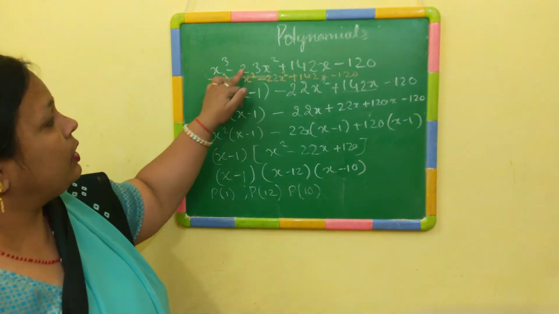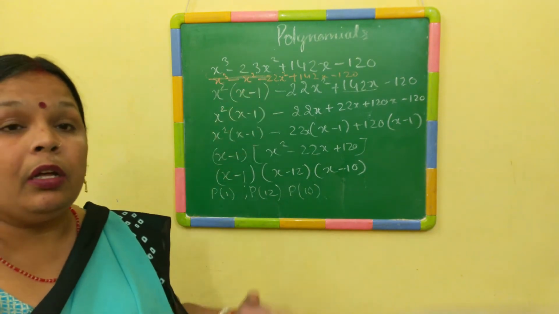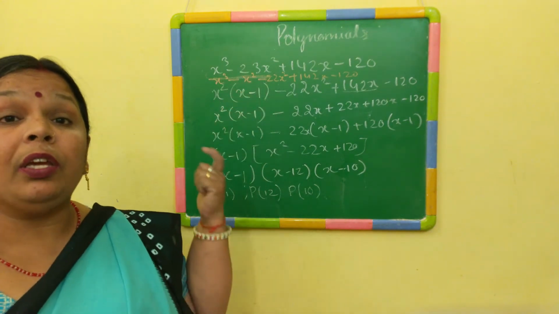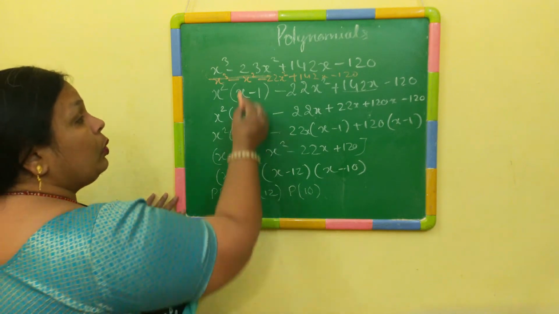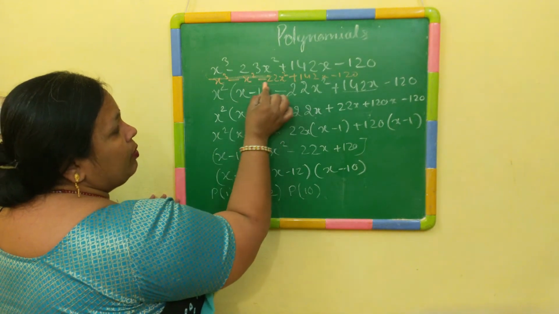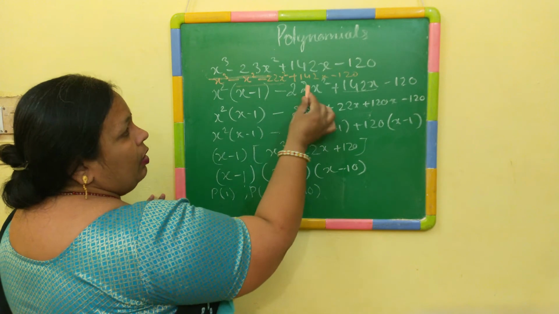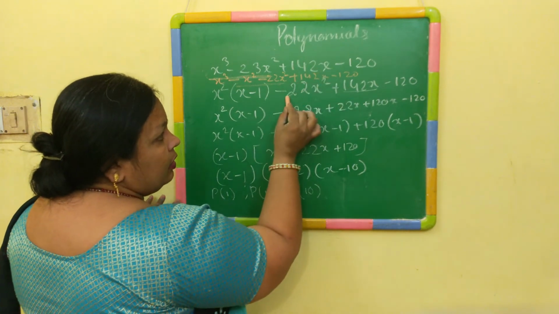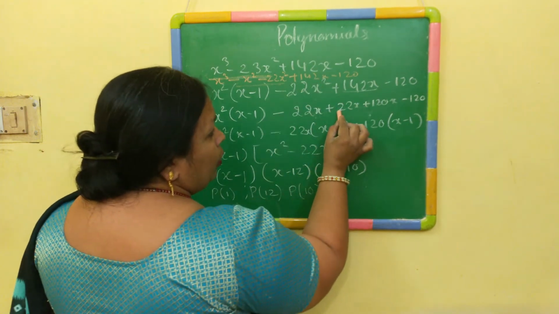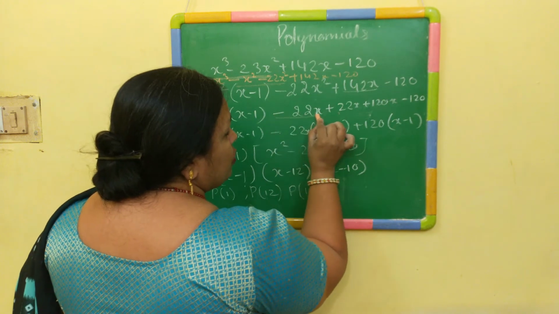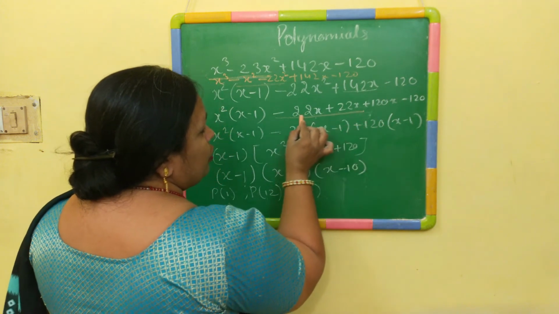See, the splitting is done, but we cannot change the values, but we can readjust the values. So here 23 is written as x square minus 22x square, whereas 142x is written as 22x minus 22 and minus 22x.